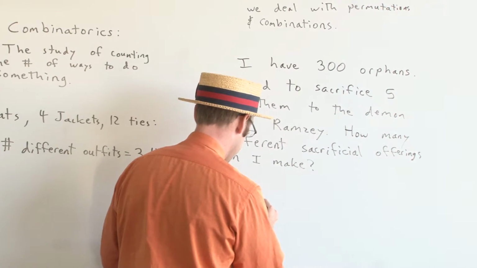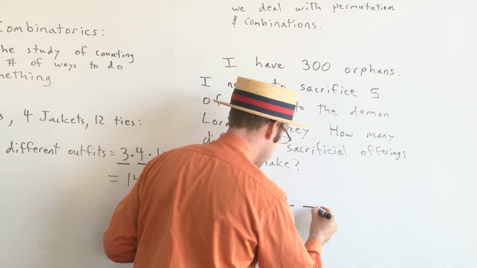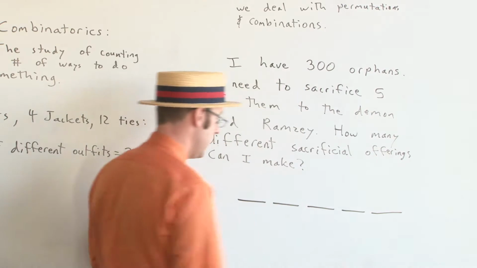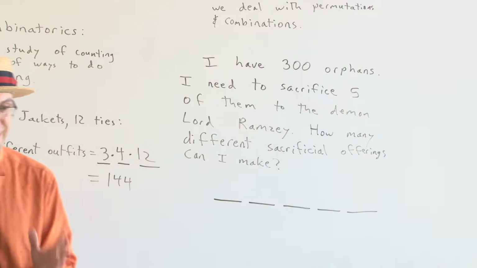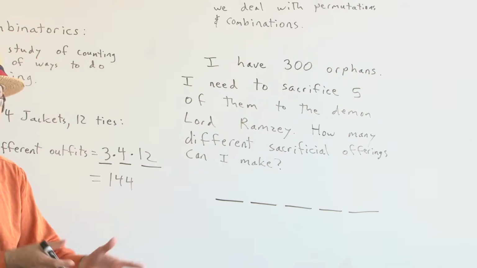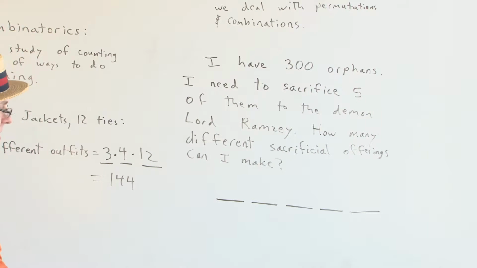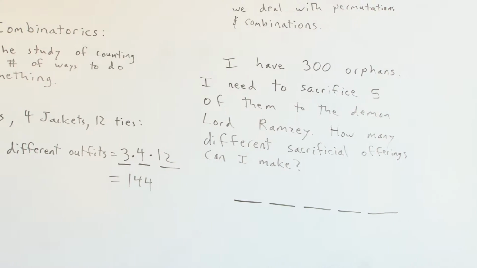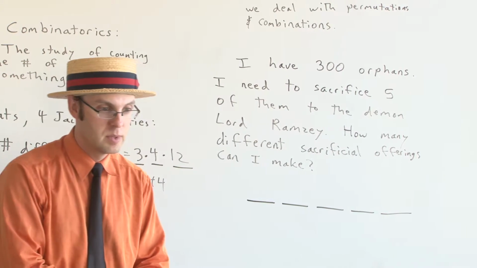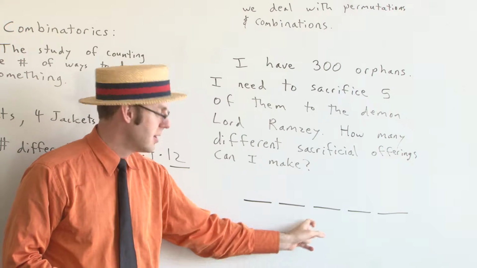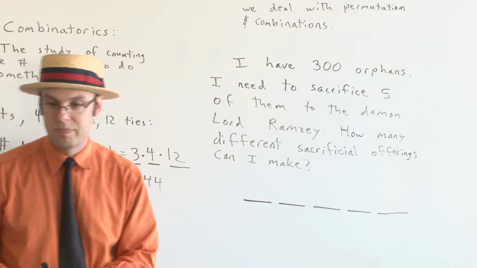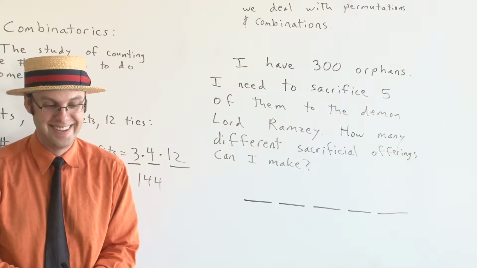I've got 5 spots on my sacrifice truck, or on the altar, however you choose to make your personal sacrifices to demon lords. 295 in each spot. Well, 300. No, and then 299, 296. Did you even take finite?